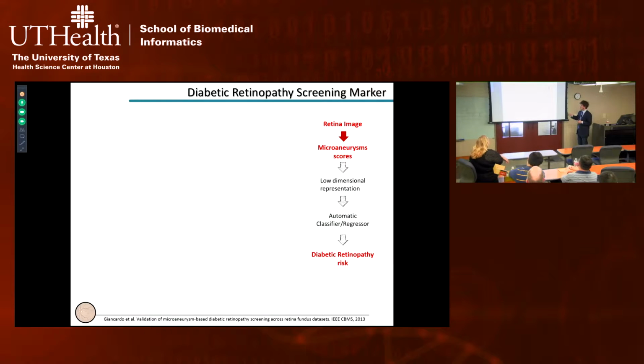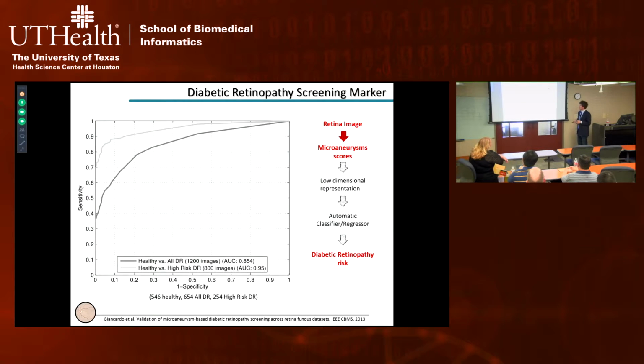I will not go into details of how it was done, but essentially we create a space where, regardless of the number of microaneurysms, we can get features that are the same regardless of the image. This is a ROC curve that shows our performance.